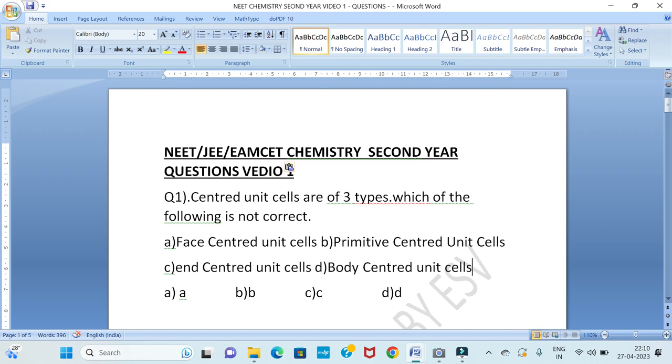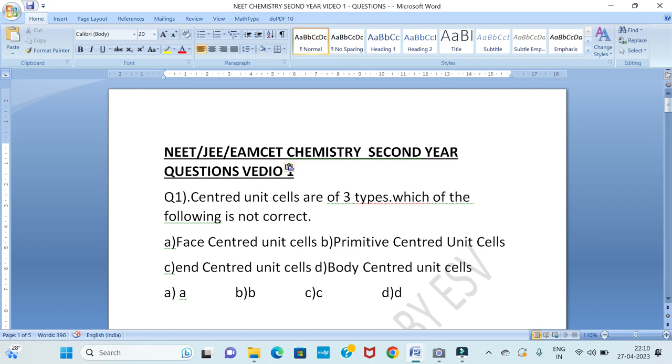Functions are conducted in a centered AC hall. With unity, our family members, we went to our relatives' function, the marriage function and reception, conducted in a central AC hall.